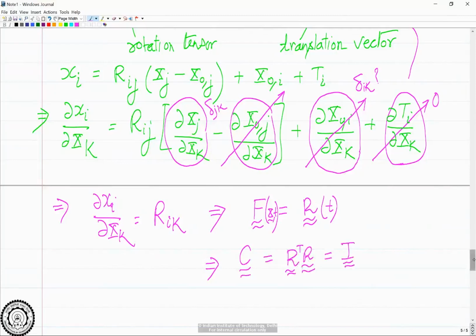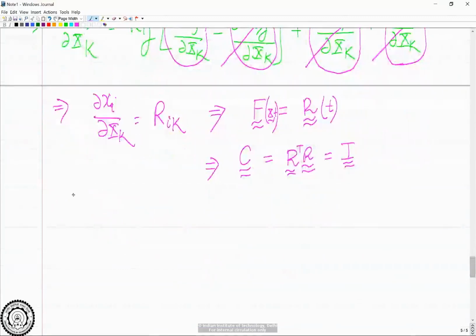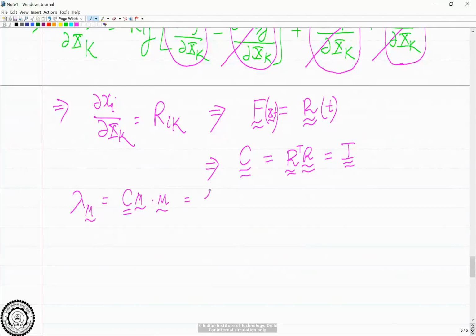So what can you say about stretching? What about lambda_M? So that's C into M dot with M. What is this equal to? Vinayak? So 1. 1, right.